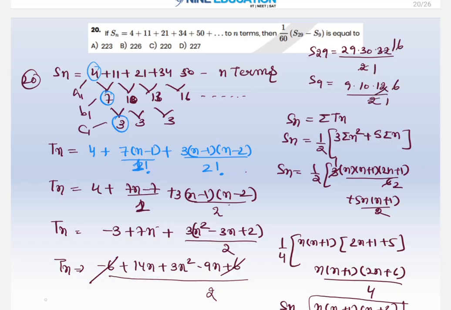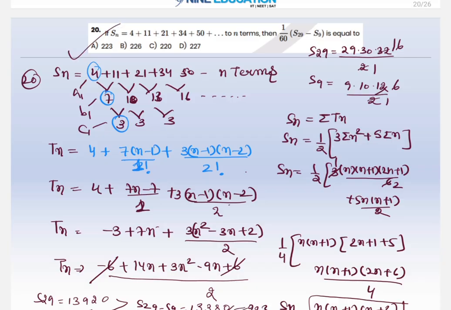If we proceed further, we get S29 after calculation 13920, and S9 after multiplication 540. Then S29 minus S9 will be equal to 13380, and you need to divide it by 6. So that is 13380 divided by 6, and hence the answer should be 223. 223 is the answer.